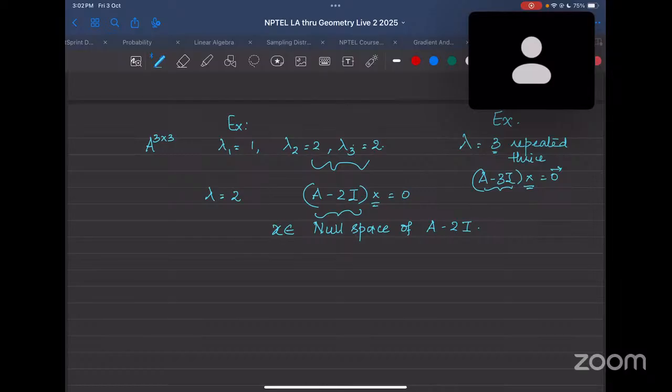The entire set of vectors in that plane is going to be invariant under this transformation A. So beyond 2 dimensions, the space allows you to accommodate multiple eigenvectors for the same eigenvalue. Are you getting it? Okay.